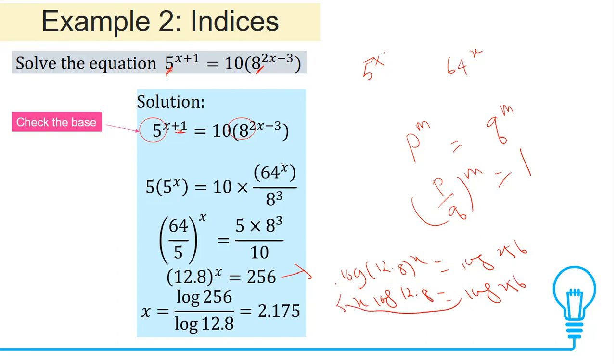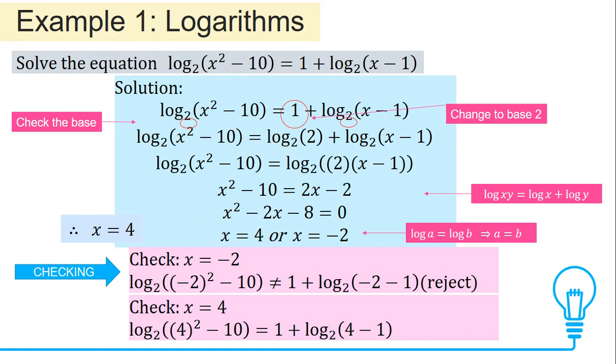Now we look at our example on logarithm. First thing is the base. Since the bases are the same, the only one that is not the same is the 1. The 1 we can always change to the same base as log 2, since log 2 base 2 is 1.